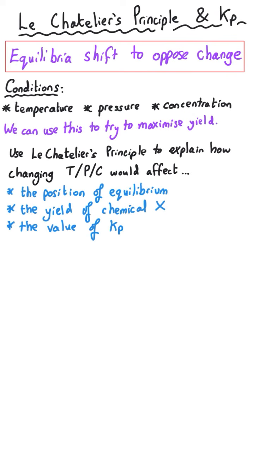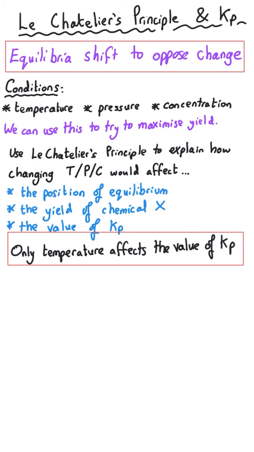And this is really important to get locked in your brain, is that the only thing that will affect the value of any equilibrium constant is temperature. Either an increase or a decrease, both will affect the value of the equilibrium constant, but nothing else will. Not a catalyst, not concentration, and not pressure. Those will not affect the value for Kp. They will affect the position of equilibrium and the yield of a particular chemical.